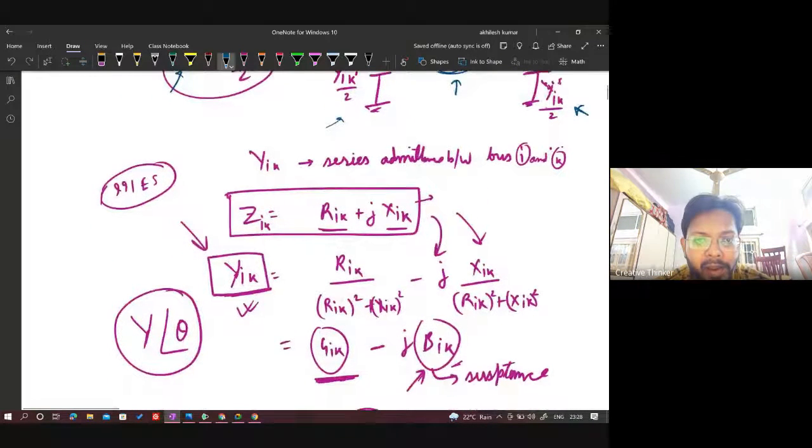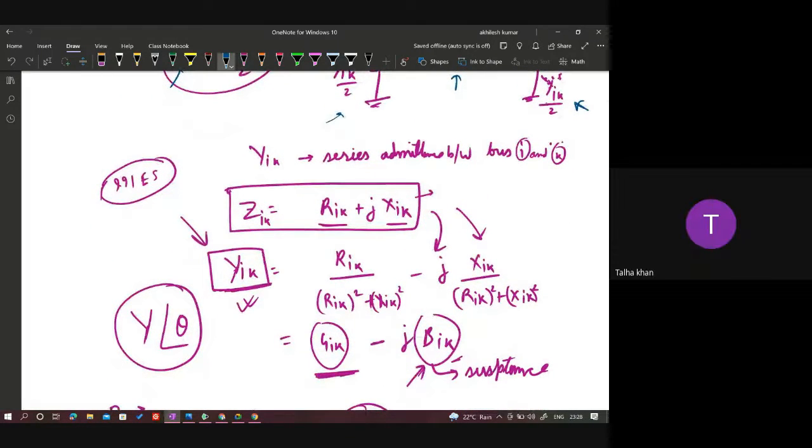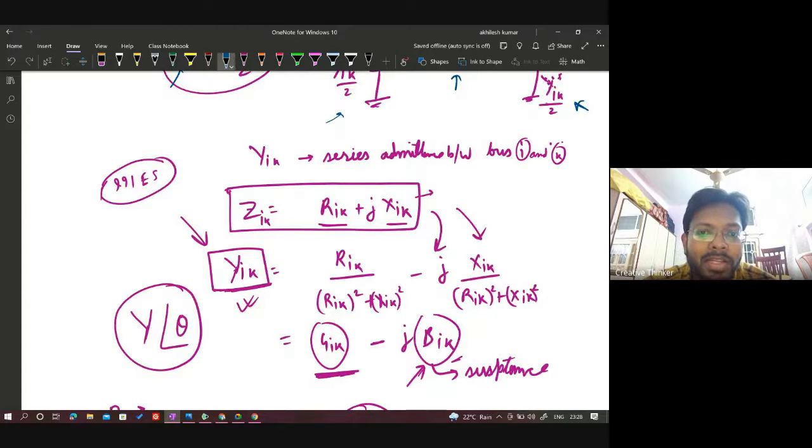In the question they may give you the impedance of the line, and you have to convert the impedance into admittance. How will you convert? Just take the reciprocal of it. If the transmission line has resistance also, you will get some real value and some imaginary value.